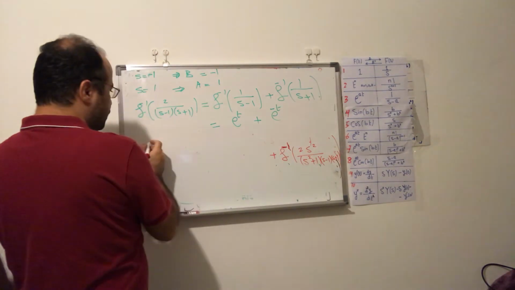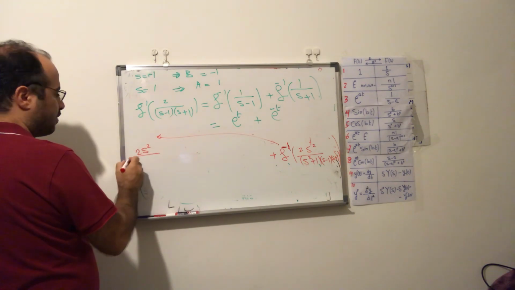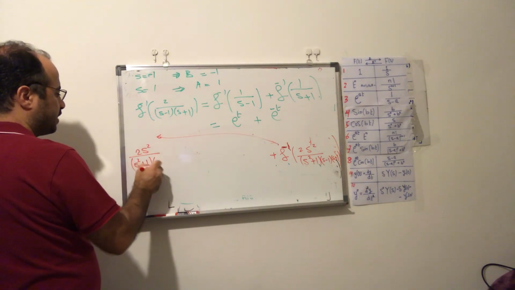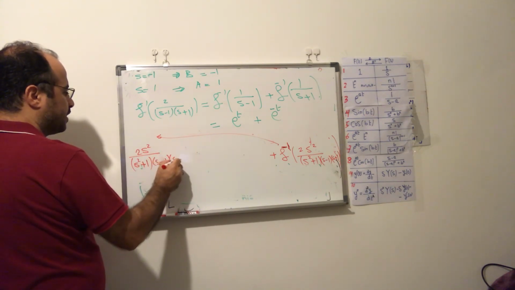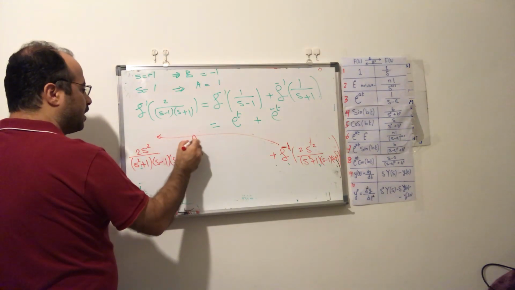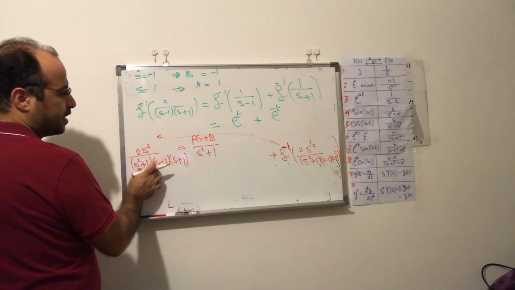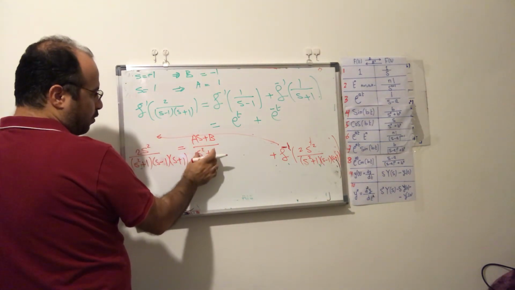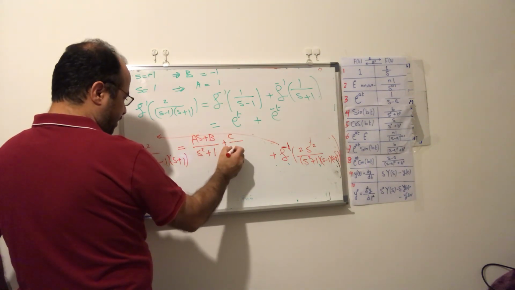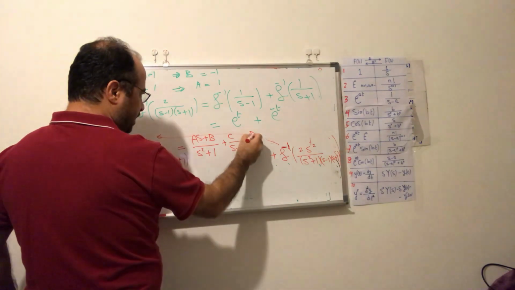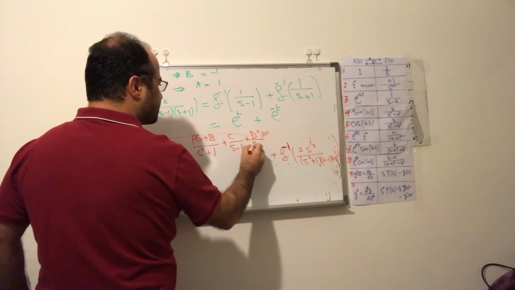The second part is to do now this thing: 2s squared over (s squared plus 1)(s minus 1)(s plus 1) equals (As plus B) over s squared plus 1, because this is irreducible, so it is quadratic and you have linear on top, plus C over s minus 1 plus D over s plus 1.